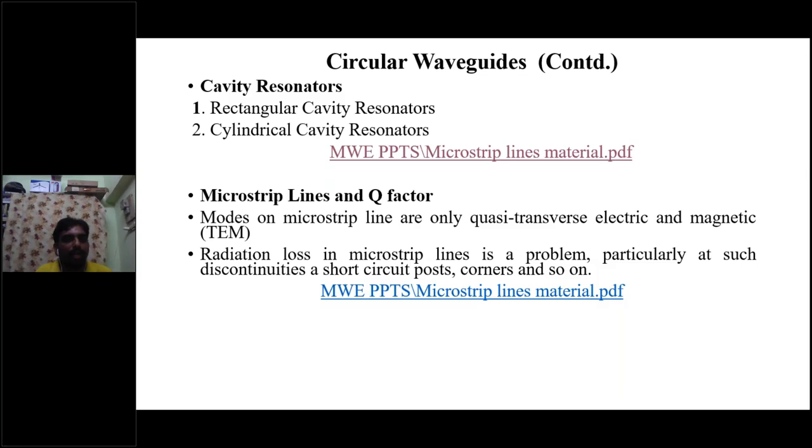There is no possibility: Ex equals 0, Ey equals 0, Ez equals 0, Hx equals 0, Hy equals 0, Hz equals 0. We already observed this in our class when drawing the sketches.